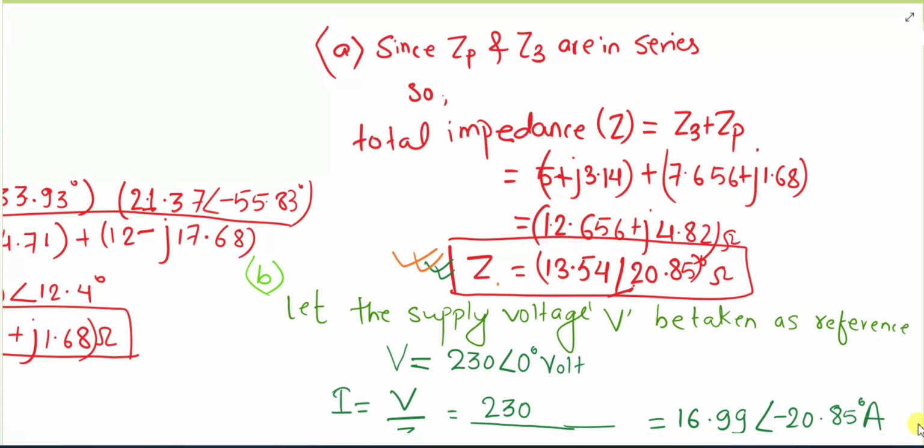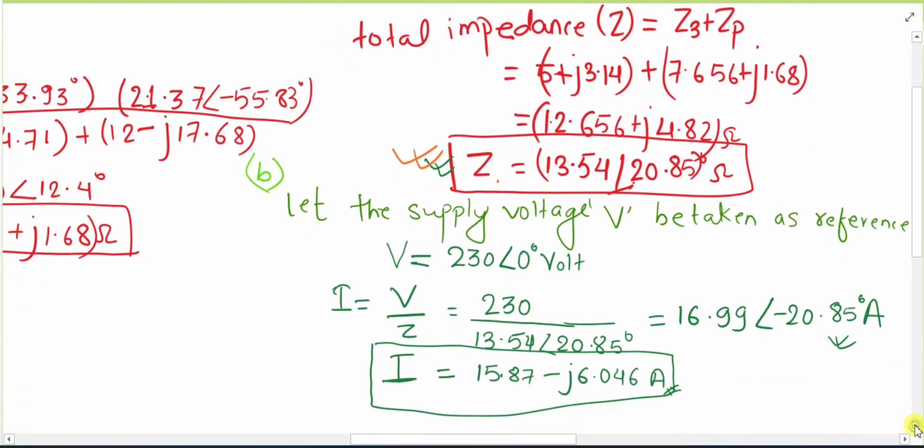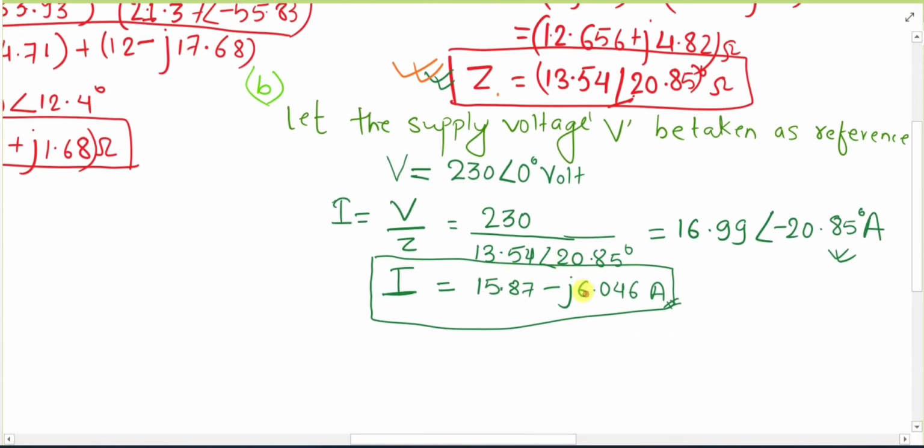Then the next one is to identify the total current. In order to identify the total current, all you will require is the total impedance and voltage, the total voltage supplied to the circuit. Using Ohm's law, we identify V by Z, and from this formula you calculated the total current.